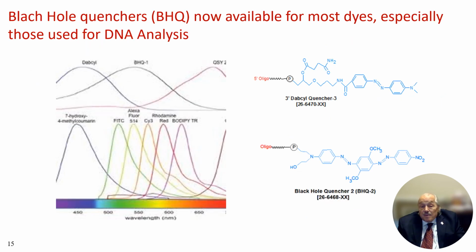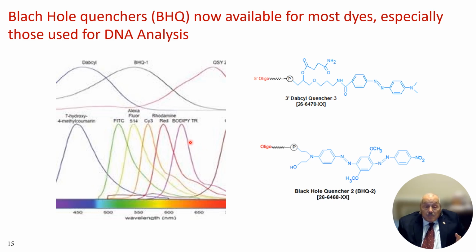That worked fine, except that there was a desire to use the molecular beacons for more types of assays, especially multiplex assays. So while the dapsol worked with the short wavelength emitting Danzel type group, it didn't work with longer wavelength emitting fluorophores.